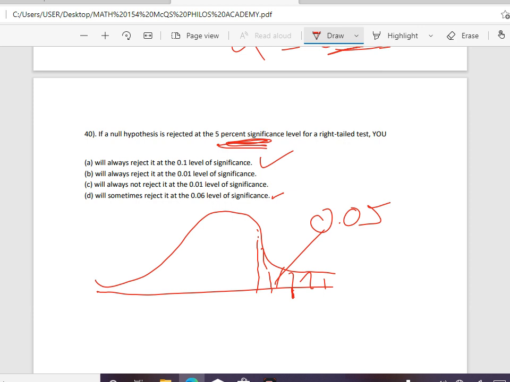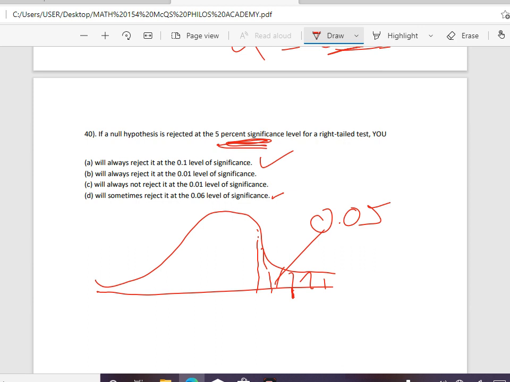Then B also says we always reject it at 0.01 significance. If you are rejecting at 0.05, it doesn't necessarily mean that you reject it at 0.01. No. But if you are rejecting something at 0.05, definitely it means that even at 0.1, you can still reject it.